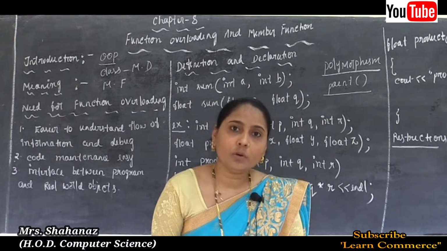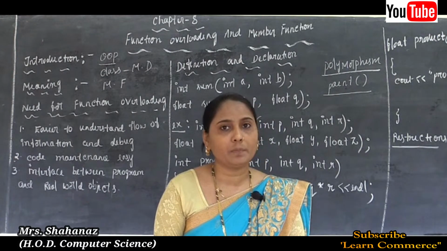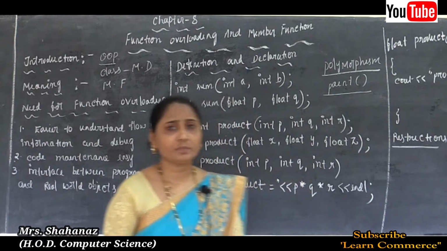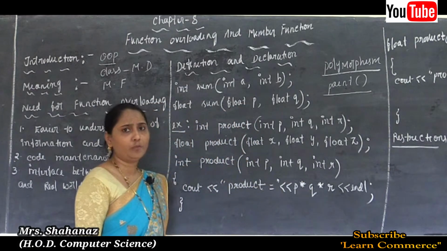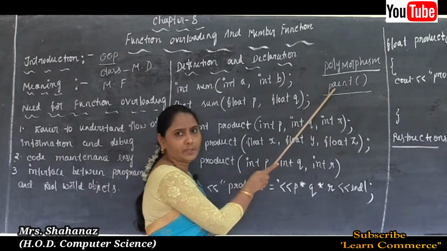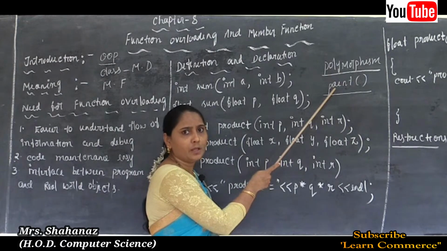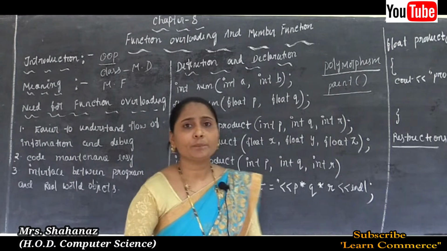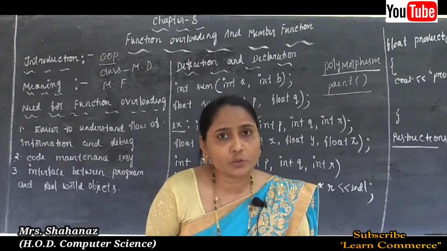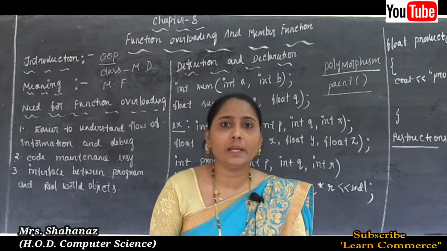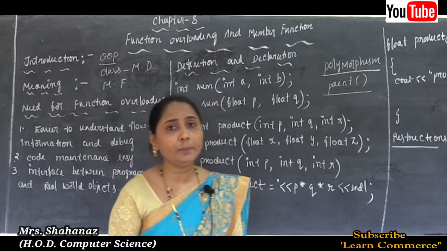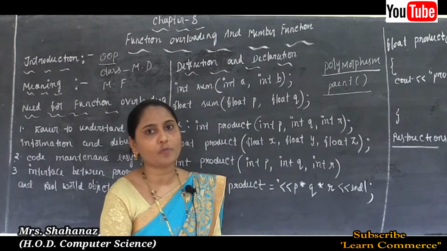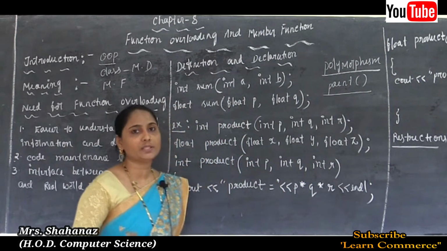We can also say polymorphism refers to one name having many forms. The function name is the same but usable in different forms. It refers to one name having many forms, or different behavior of an instance of an object depending on the situation.